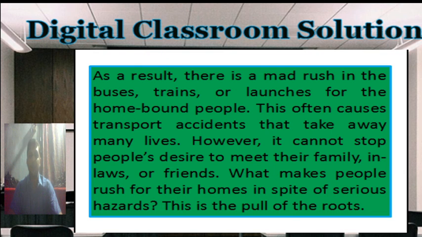This often causes transport accidents that take away many lives. However, it cannot stop people's desire to meet their family, in-laws, or friends. What makes people rush for their homes in spite of serious hazards? This is the pull of the roots.